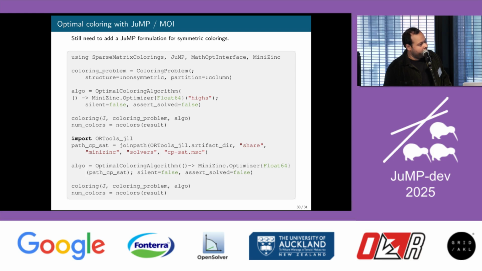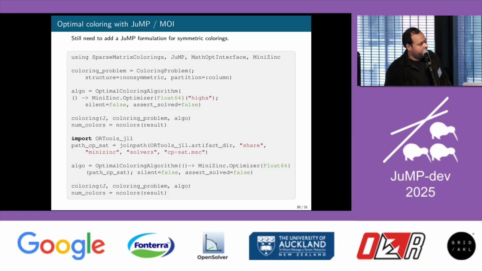And in SparseMatrixColoring, we have an extension for JuMP and MOI, and instead of having a greedy coloring, we have an optimal coloring algorithm. We rely internally on MiniZinc, which can use inside HiGHS or CP-SAT. We can also use a new routine that you added that is e-solved and feasible. So we use it directly in this code.